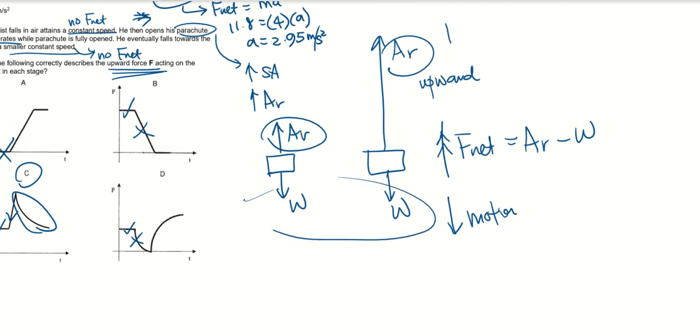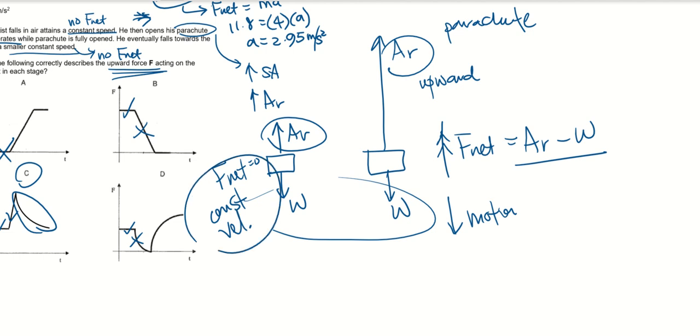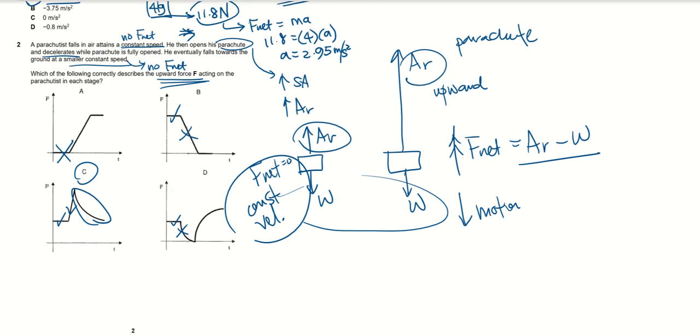But because he opens the parachute, his air resistance increased. So now F net, before that F net was 0 because it was moving at constant velocity. Okay, but now because he opened the parachute, air resistance is upwards, therefore F net is now upwards.